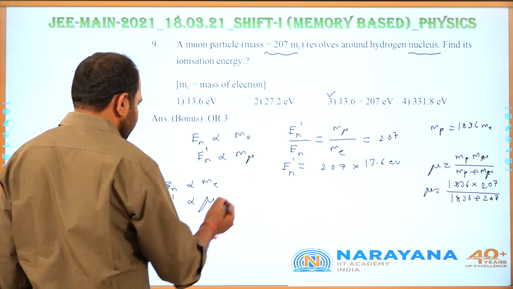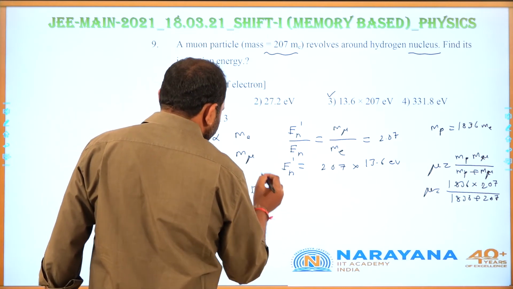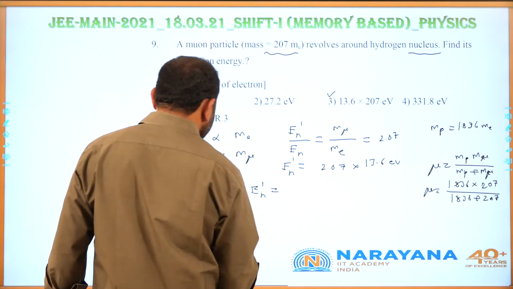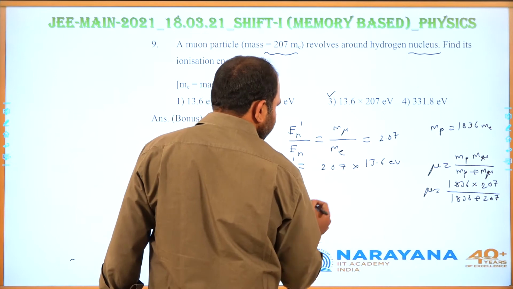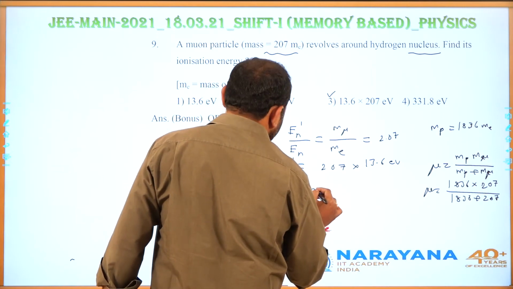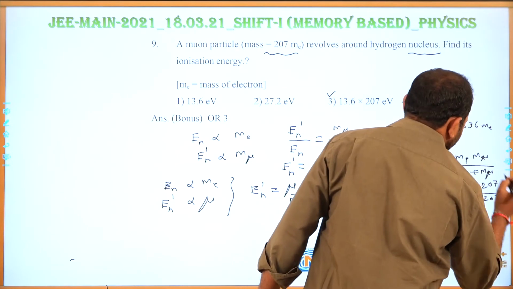If you substitute this expression, En prime in this case will be mu by me times En. Here we are left with the mass of the electron.